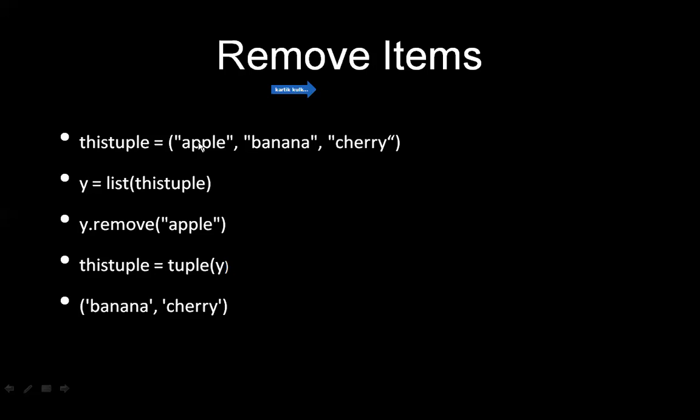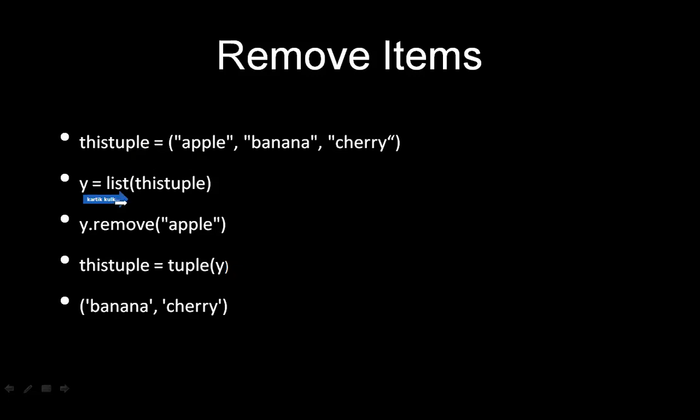Now you can notice in this particular example, I have taken this tuple, which is the name of the tuple, with the elements apple, banana, and cherry. In this statement, I am converting the given tuple into a list.